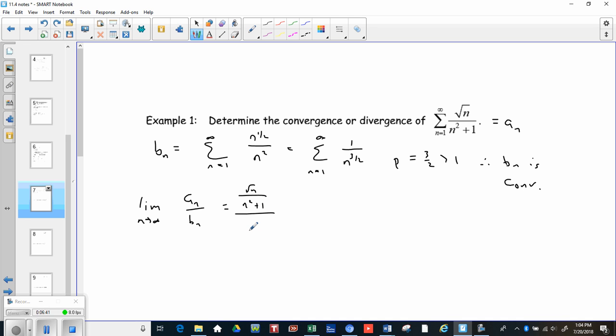B sub n is 1 over n to the 3/2. This is really bad notation, by the way. This is an AP test. They would give me a linkage error because I forgot to write my limit. So it equals the limit of this.